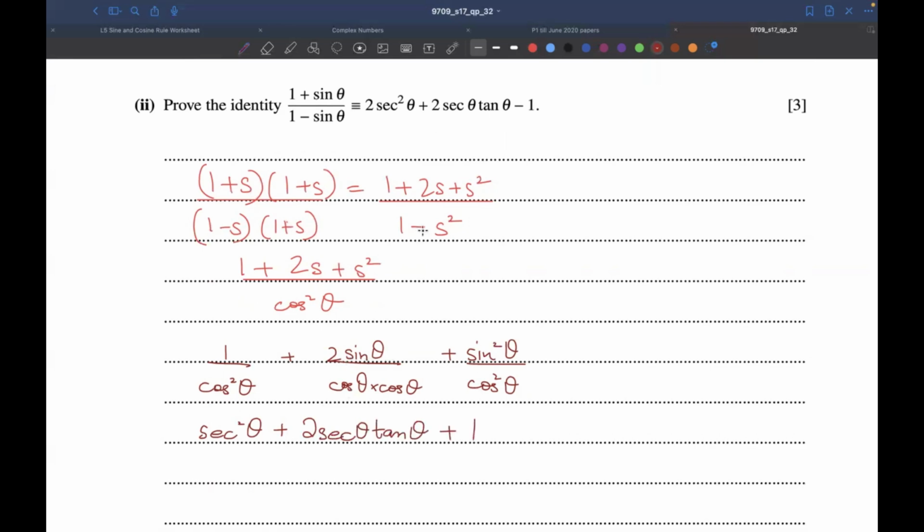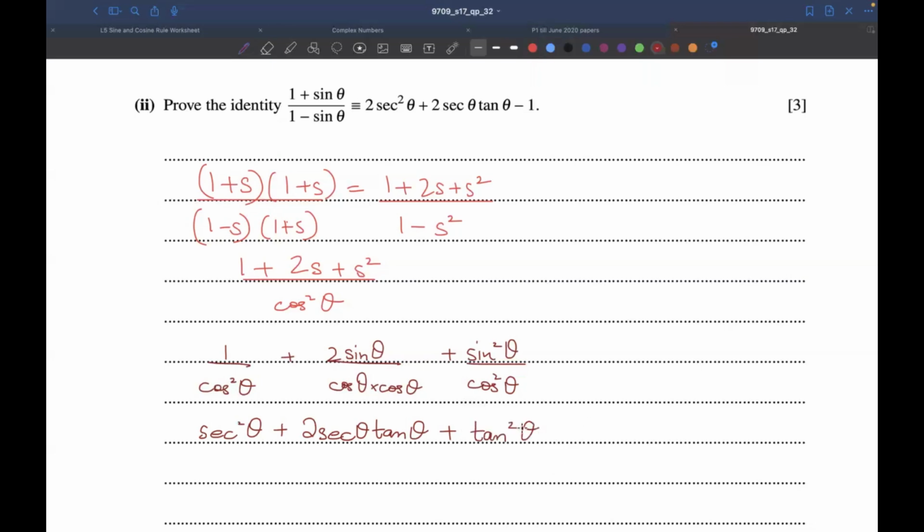But in the question, we have 2 sec square theta instead of sec square theta, and minus 1 over here. So in place of 1, maybe we can use an identity. Sorry, a mistake: sine square upon cos square is tan square theta.